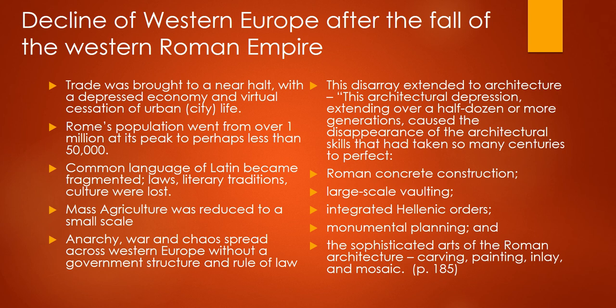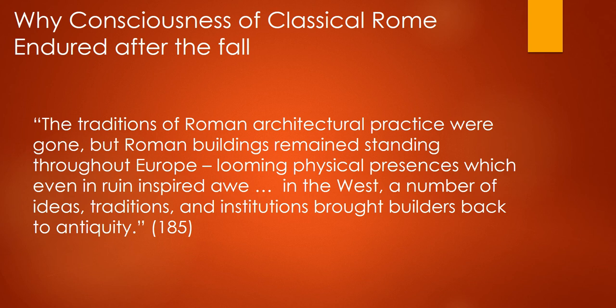So one of the things that's important to look at, though, is that the consciousness of classical Rome endures. It isn't forgotten. And the reason is that there are buildings scattered all over Europe that they can't build anymore. It'd be like looking at a bunch of alien spaceships scattered all around California and being in awe of those things.